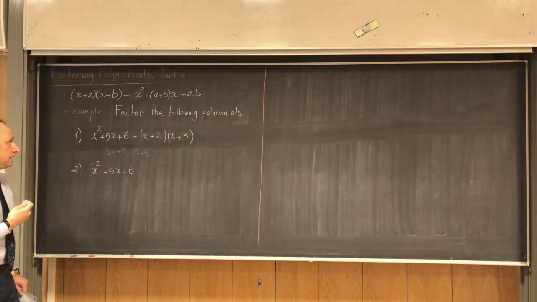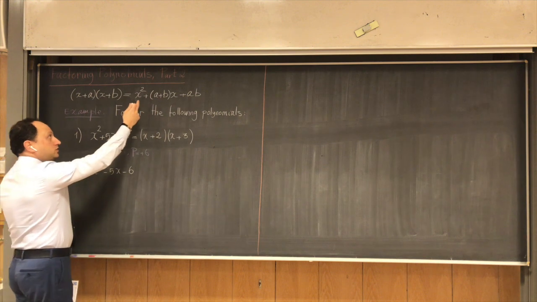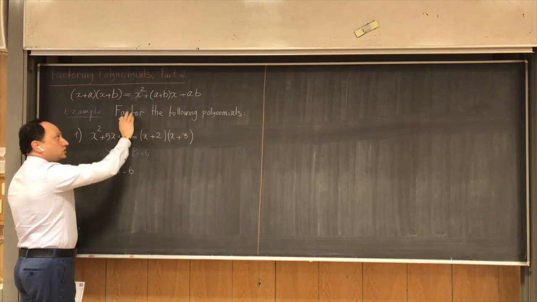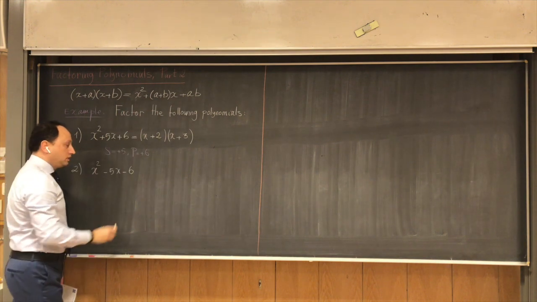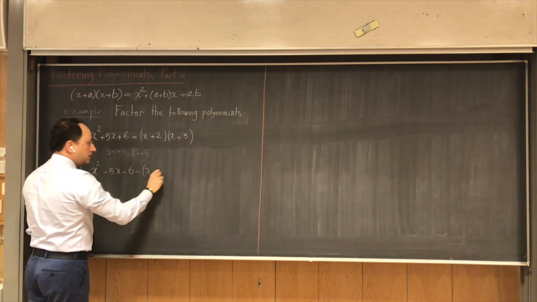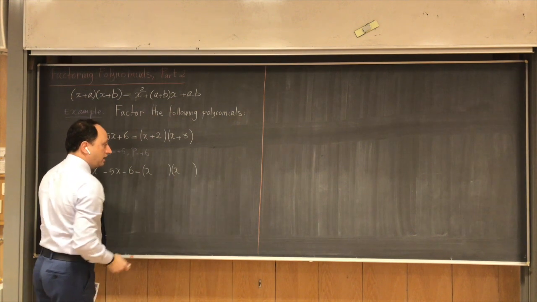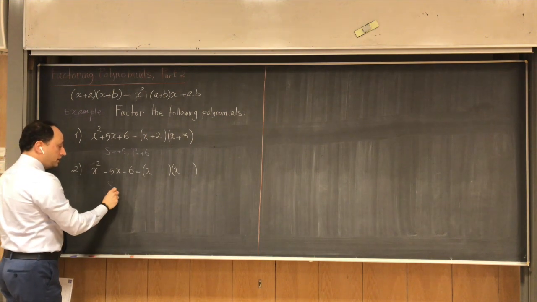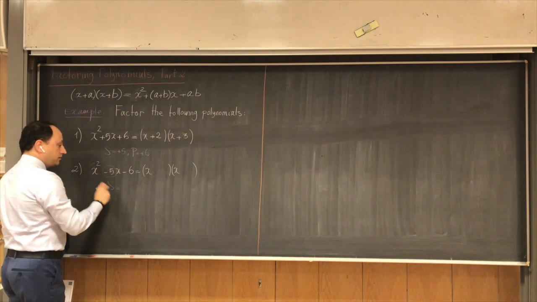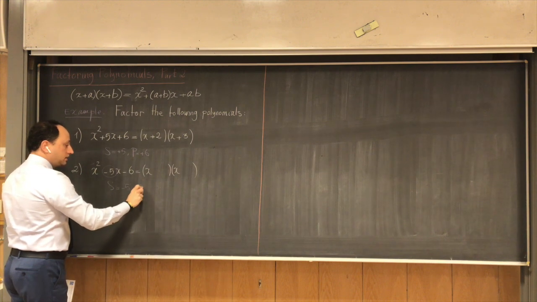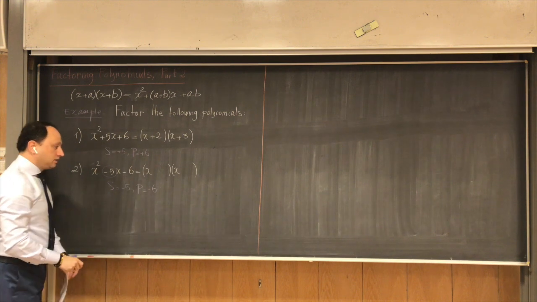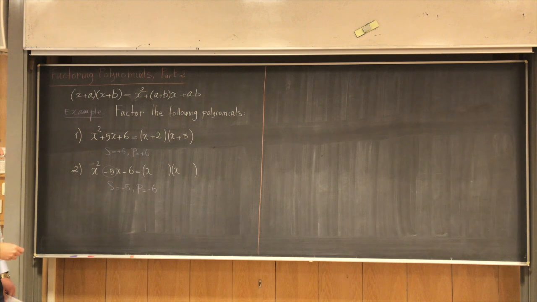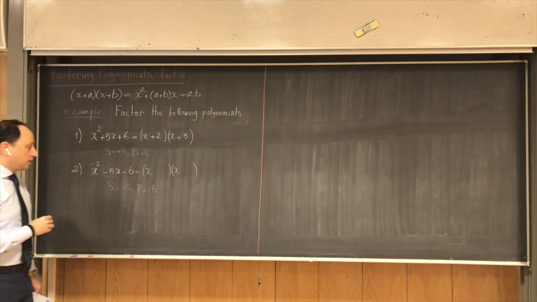If this is going to be the case, that this problem is going to be solved by this formula, then I can write (x )(x ) here in front. And I ask myself, I need two numbers whose sum is equal to -5 and product is -6. So what are those two numbers?